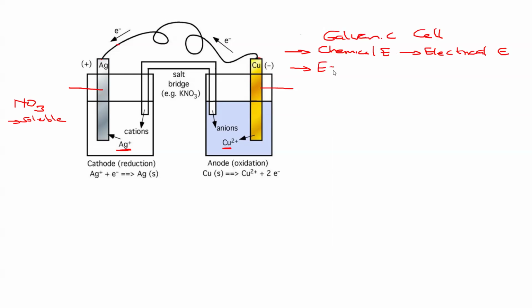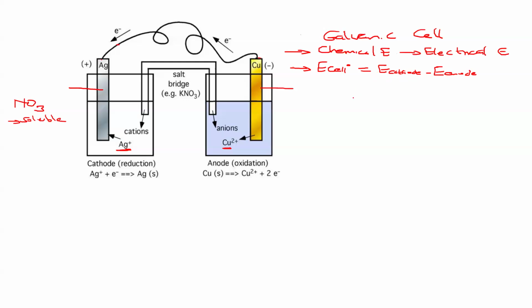E cell is equal to the E of the cathode minus the E potential of the anode. This is the formula, that's how you get this.